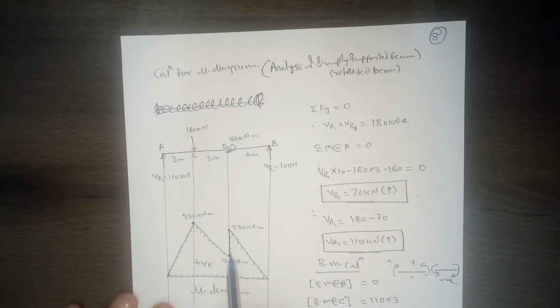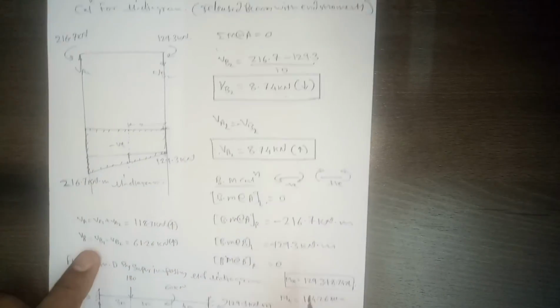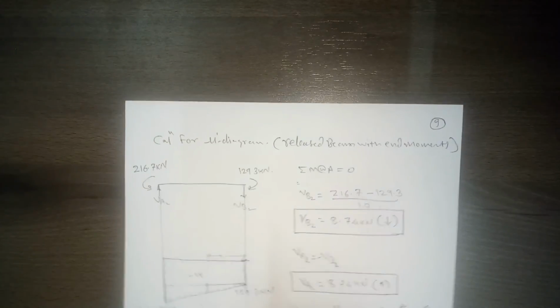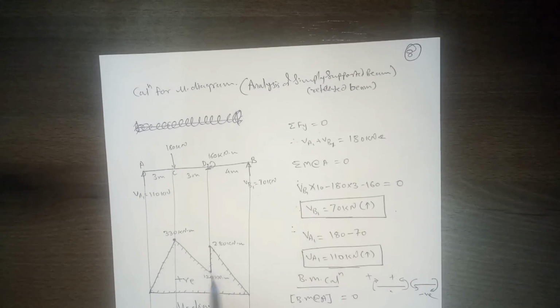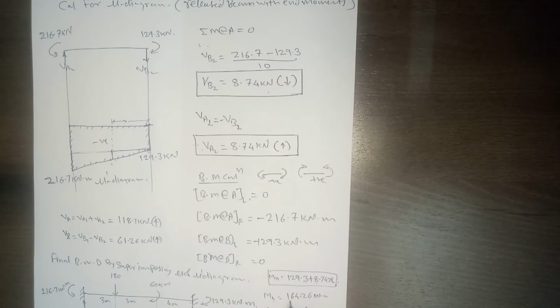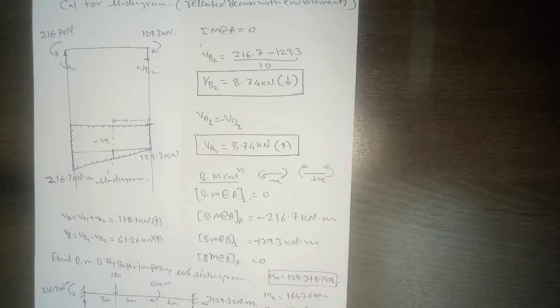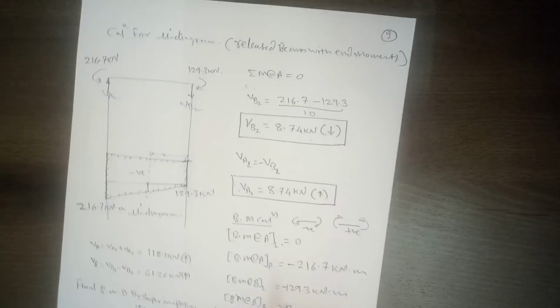So at any x distance from the B support, we can calculate the moment, and we need to calculate at two locations, this one and this one. Moment at 4 meters we need to calculate because we want to check whether the line will pass below this point, above this point, or where it will be. If you calculate, it is 164.29 kilonewton meter, and at 7 meters it is 190.48 kilonewton meter, right?